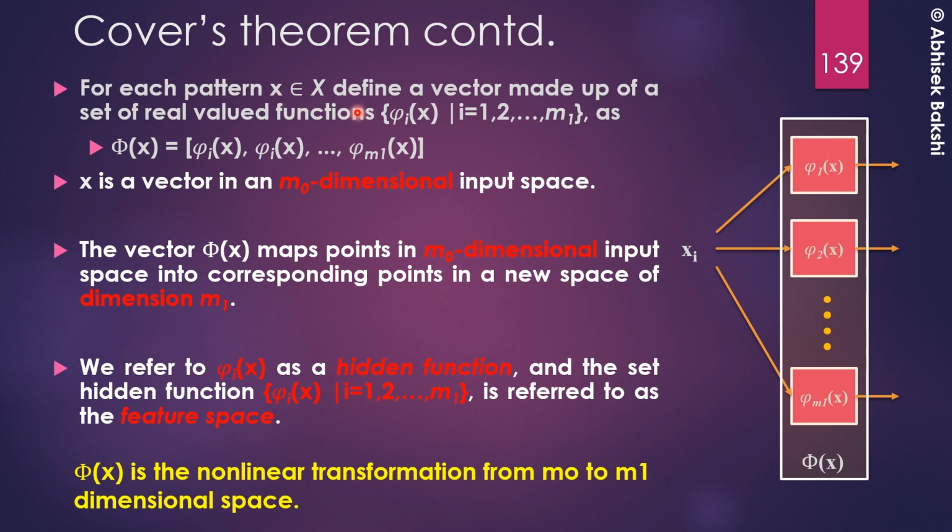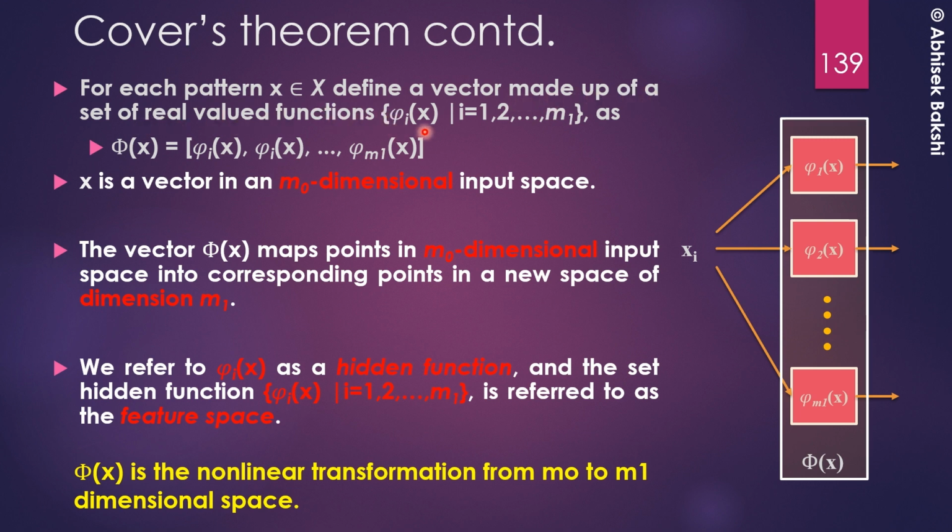So for each pattern x belonging to X, define a vector made up of a set of real valued functions. What does it mean? Just try to understand that I'm saying a vector made up of real valued functions.